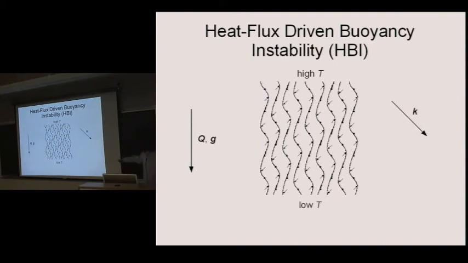Here I've labeled the locations where you have zero. There's no heating because the field lines are parallel. Sorry. And if you look, you can see that these locations correspond to where the perturbation is zero.